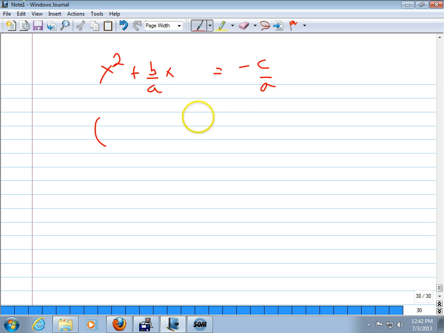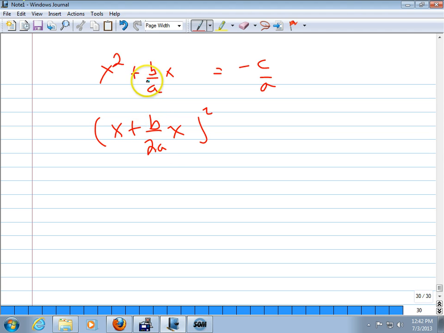How do I make this a perfect square? This side. You take this term and you, what did we always do? Divide it by 2. So it's x plus b over 2a, half of b over a. Right? But remember, if I replace this with this, that's wrong, because if I FOIL this out, I don't get that.